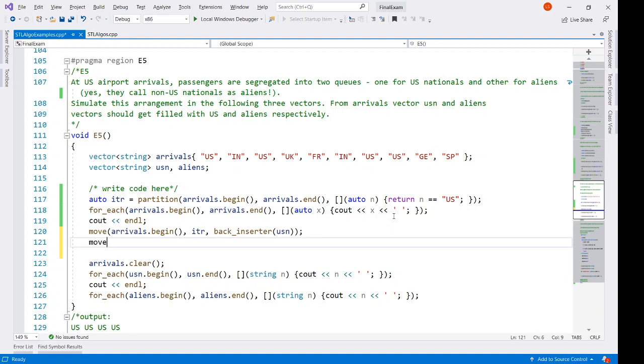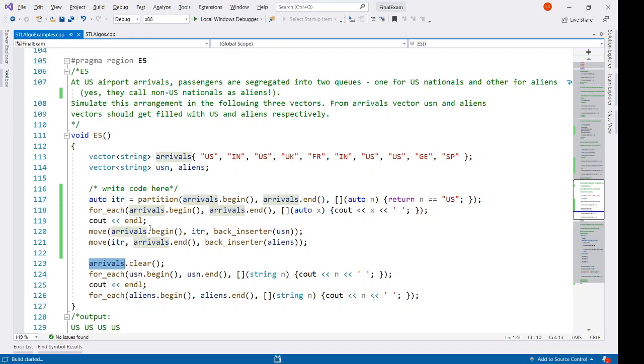And now we want to move the remaining elements, from the iterator to arrivals dot end, to the aliens vector, right? And then we clear the arrivals, because after the move the state of the arrivals vector is not to be used, so we clear it. And let's see what the output is now. So let's run it.